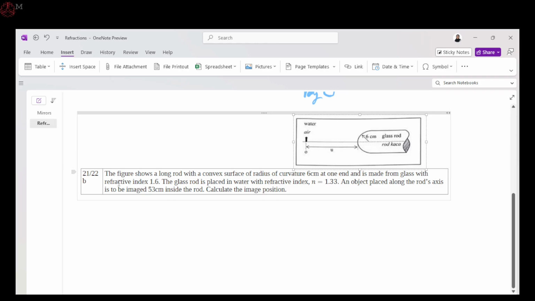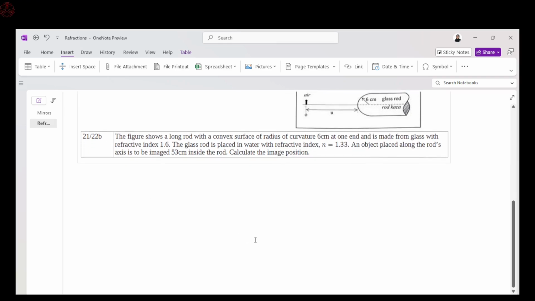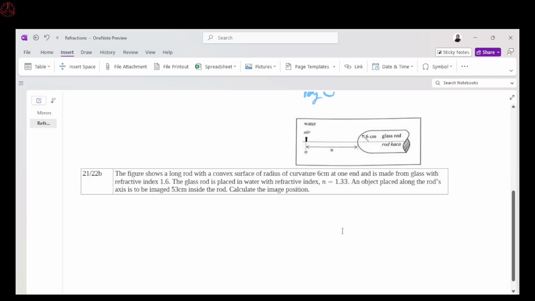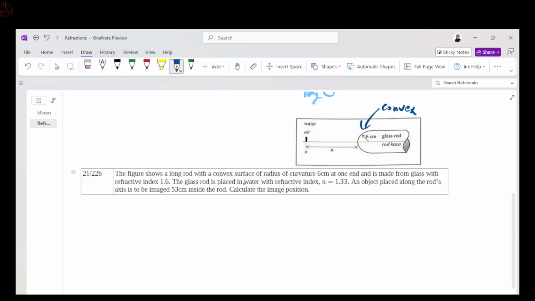Okay, so let's look at what we have. This is a question from 21-22. I have a figure where it shows a long rod with a convex surface, so this is convex, and it has a radius of curvature of 6 centimeters.